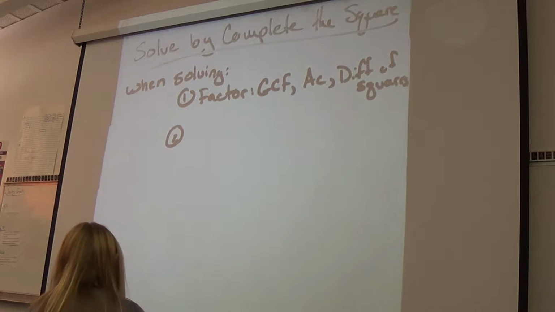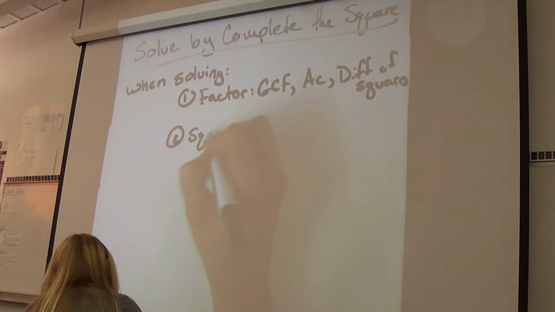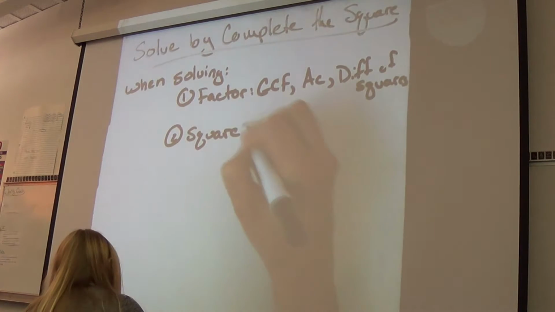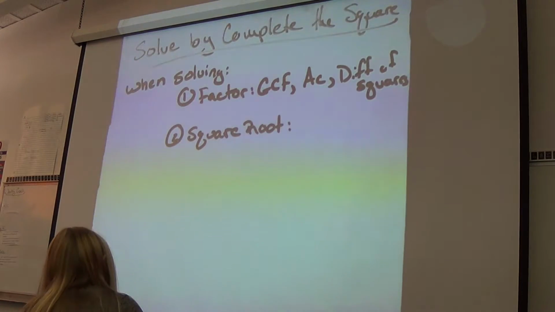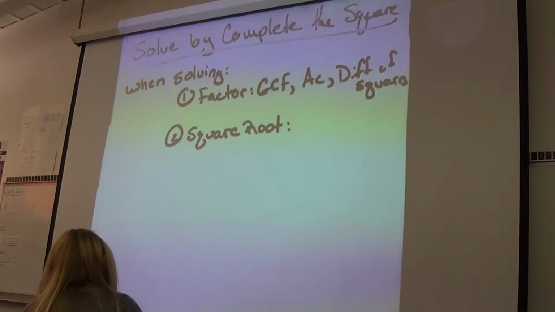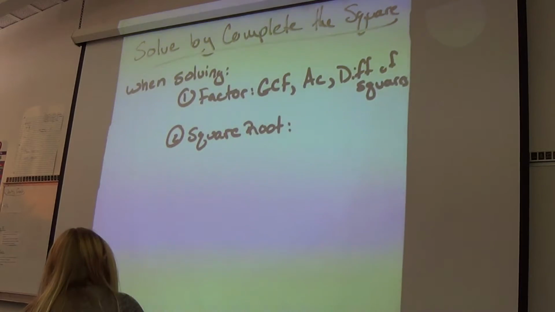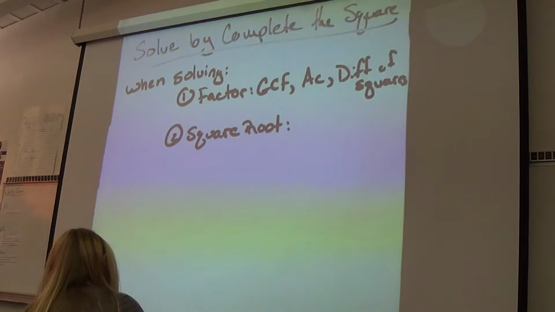The second method that we covered was the square root method. And we said that that was a method for if I couldn't do the factoring, right? It might be easier to do the square root. How do you know when you're allowed to do the square root?